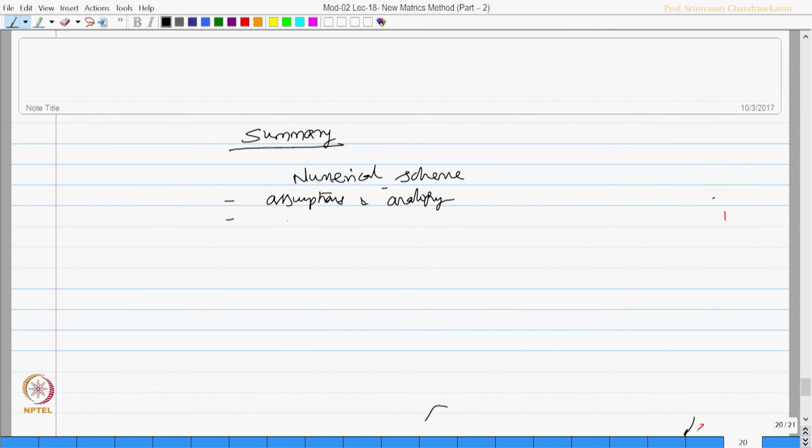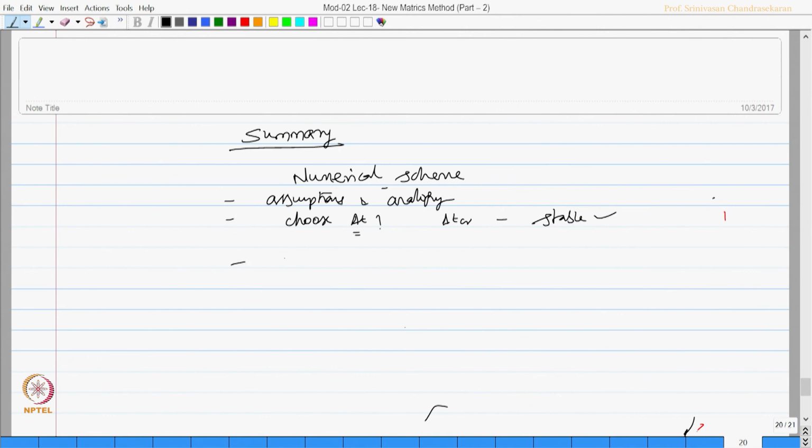So, friends, in this lecture we understood how to solve an equation of motion using a numerical scheme, what are the basic assumptions and analogy followed in this scheme, how to select or choose the time step for numerical integration, how to compute the critical time step so that the time step chosen is lesser than critical, to get a stable unconditional solution.